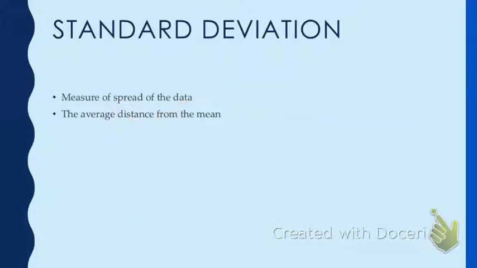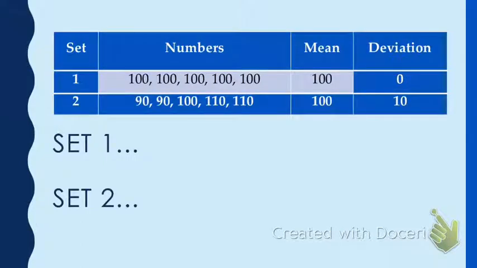So looking at the graph or chart, just based on set 1 and set 2, these are the original data points. This is the standard deviation. Why does set 1 have a standard deviation of 0? They're all the same value.